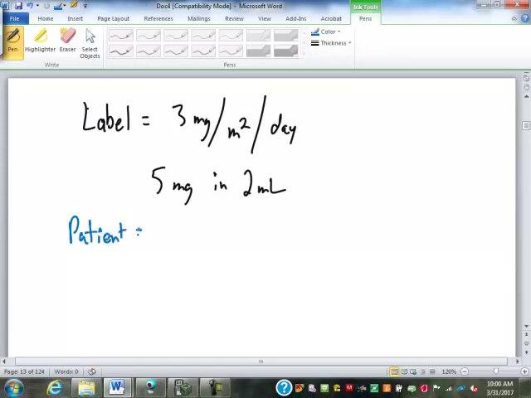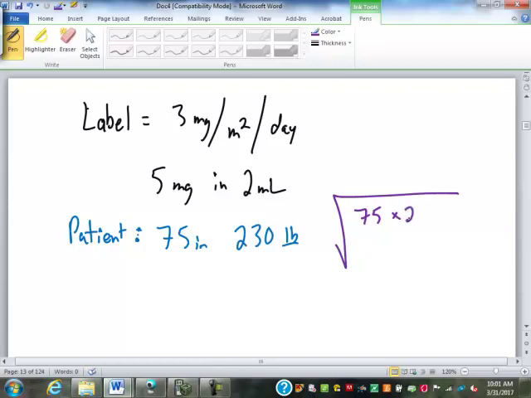We have a patient who is 75 inches tall, 6'3", and 230 pounds. Now the nomogram won't work for this patient, so we're going to have to find their body surface area using the formula.